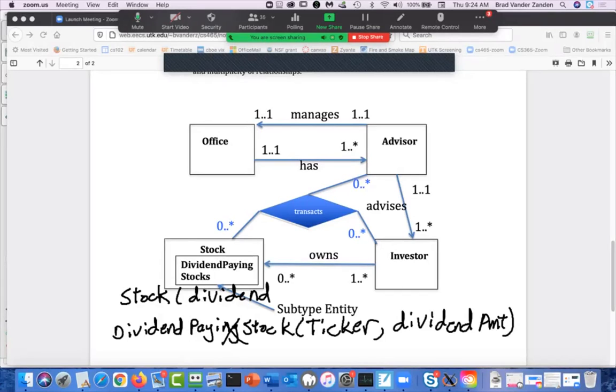But if you're going to include multiple pieces of information, and you very well might, for example, the last date on which it was paid or the next date on which it would be paid, then it would be more likely for you to separate that out into a separate relation and think of it as a separate entity. So the more attributes that you would typically associate with that subtype entity, the more likely you are to actually explicitly or physically model it in the database as a separate relation.